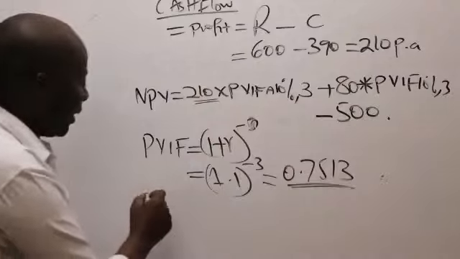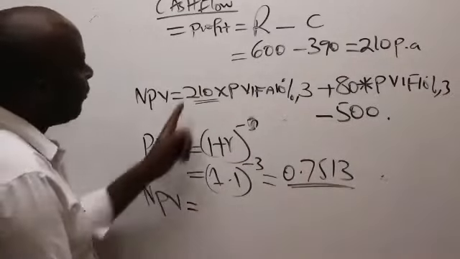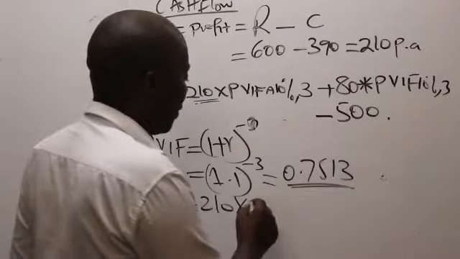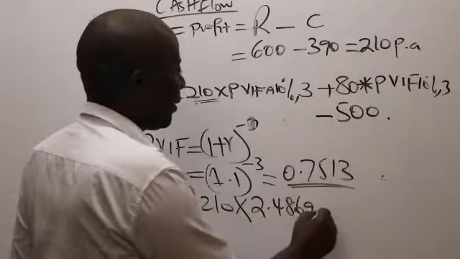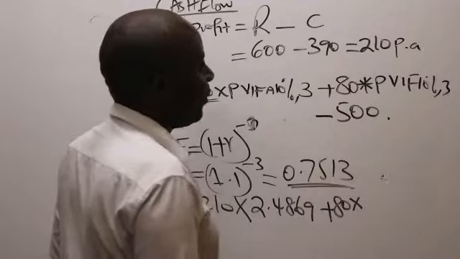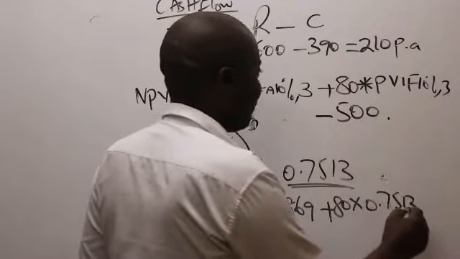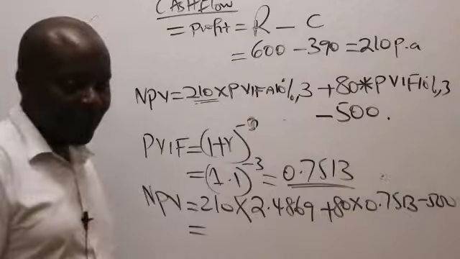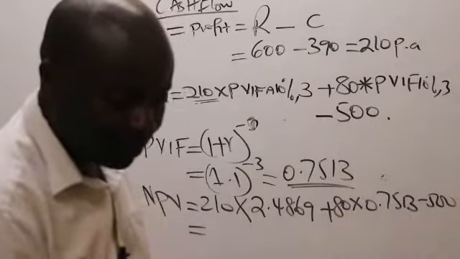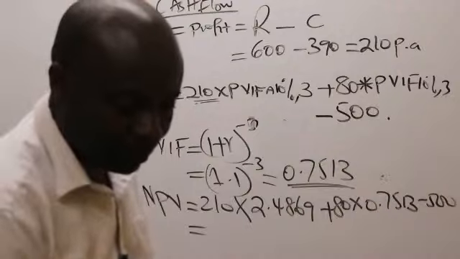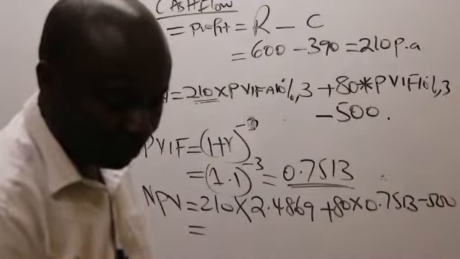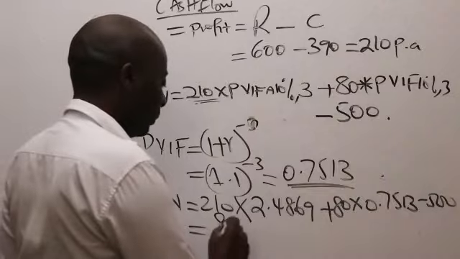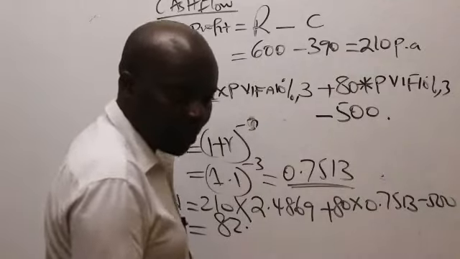Now after that, let's plug in the figures and get the net present value. The net present value will be 210 times the PVFA, which you gave me as 2.4869, plus 80 times the PVIF, which is 0.7513, minus 500, which ends up giving us a net present value of 82.353.